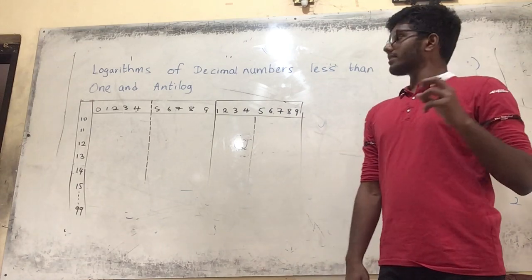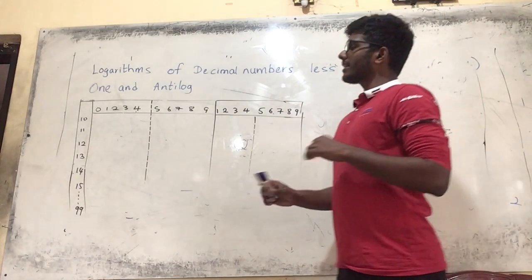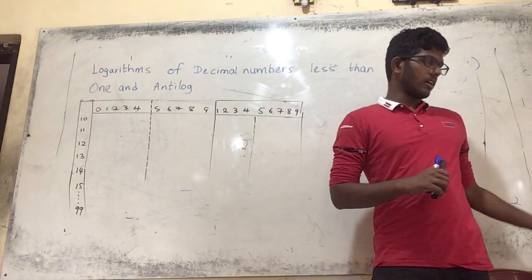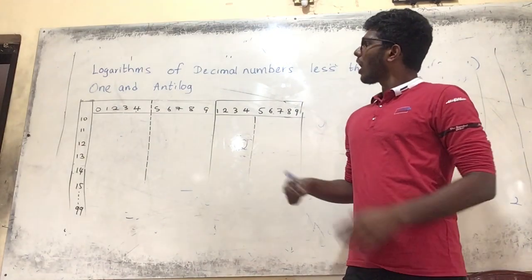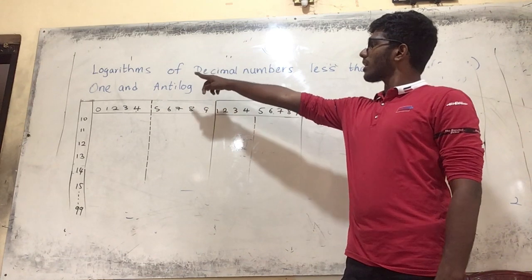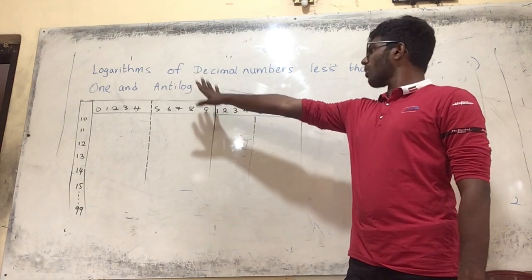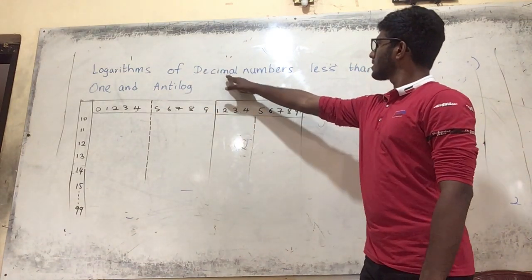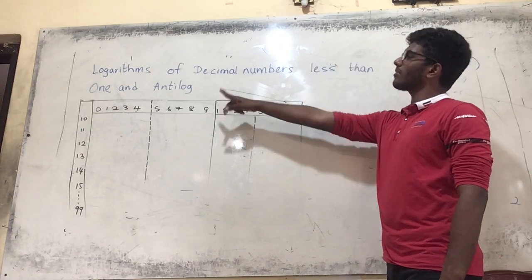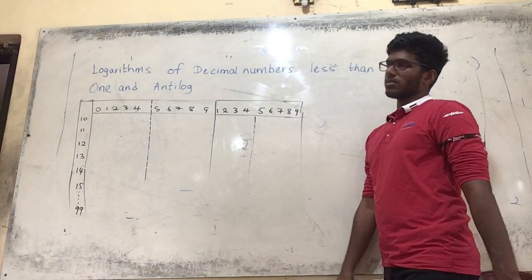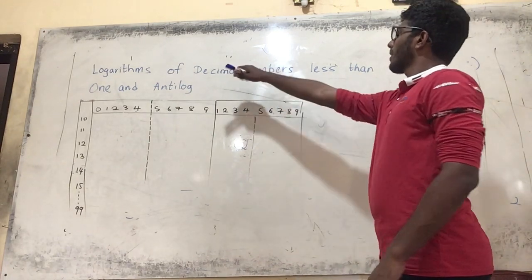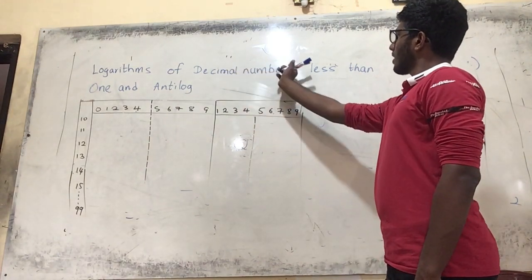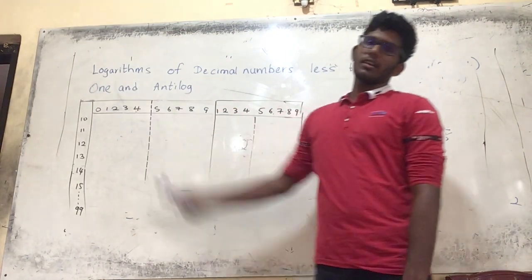But here's the thing. At this grade 11 level, students are expected to know how to get the log value of decimal numbers more than 1. Sorry, so here now the topic is less than 1.